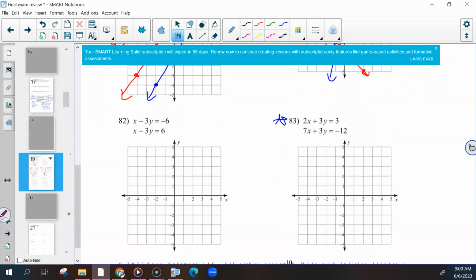A3 is the same way. We have to solve them both first. So subtract 2x to both sides, subtract 7x to both sides. For the first one, we have 3y equals -2x plus 3. The second one, we have 3y equals -7x minus 12.